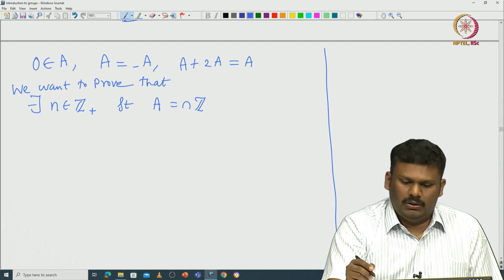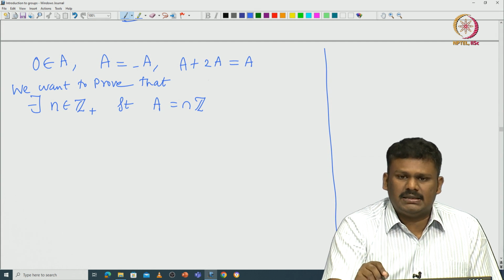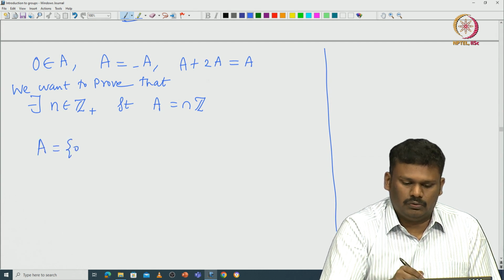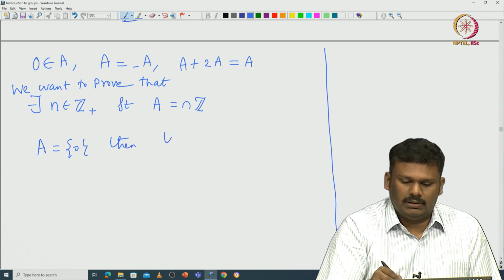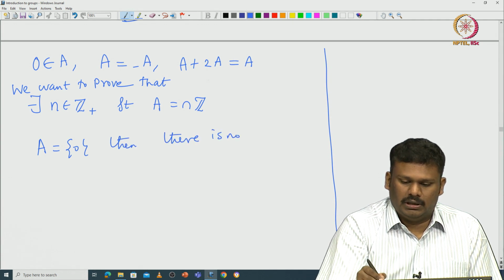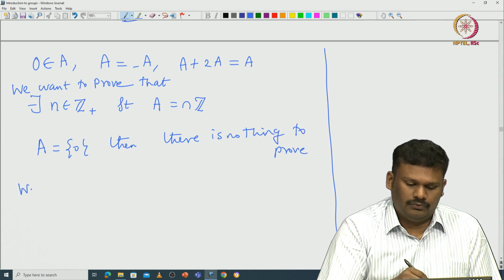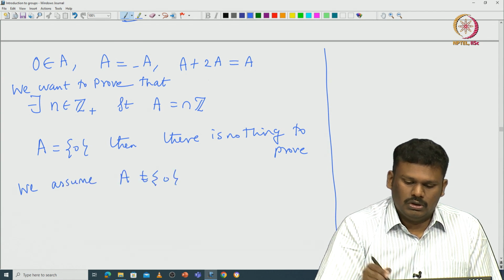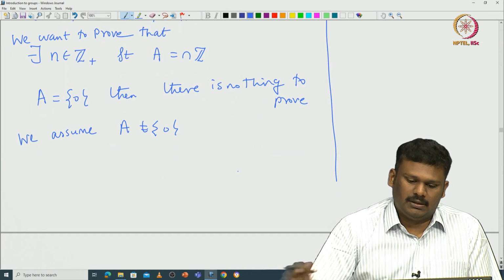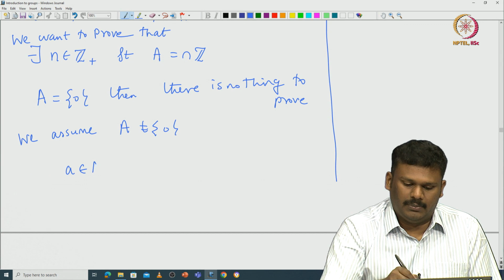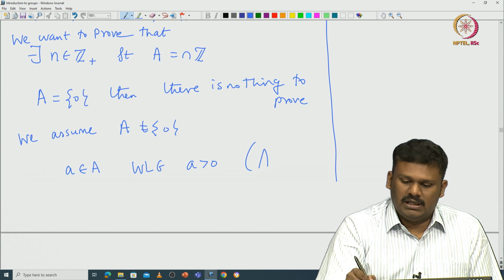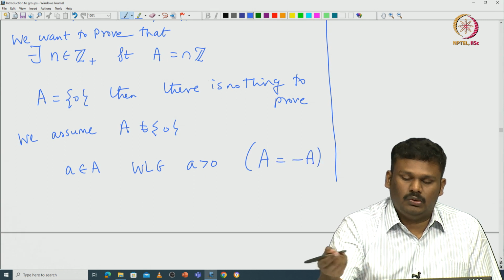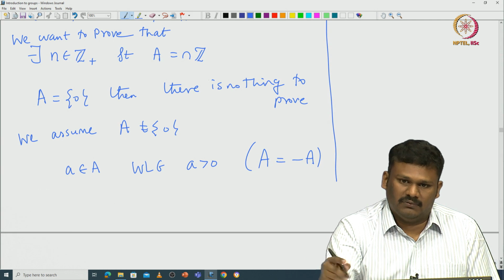So, what we do first, if A is 0, then there is nothing to prove. So that is why we assume A is non-zero. If A is non-zero, then that means there is something a in capital A. So without loss of generality, I can assume a is positive, because A is equal to minus A. You take either a or minus a, one of them will be positive.